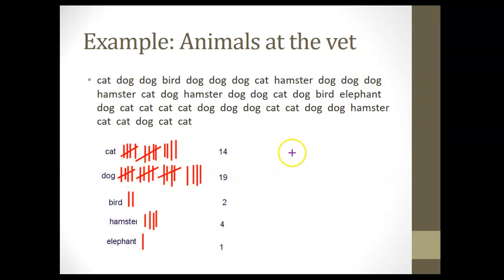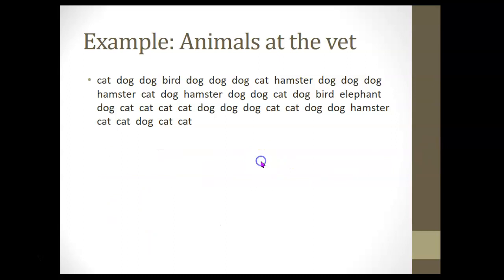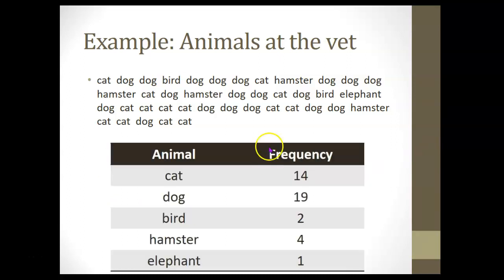So, arranging this nicely in a frequency distribution, here's what it looks like. The list of the animals with the frequency for each one.